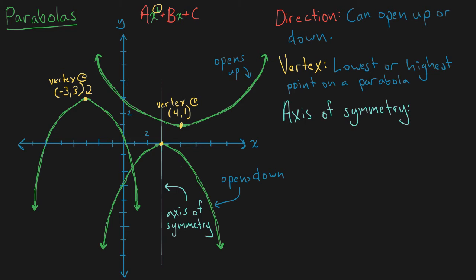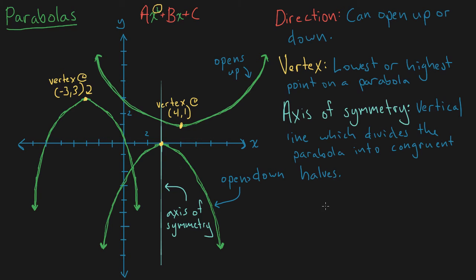So, a definition here: the axis of symmetry is the vertical line which divides the parabola into congruent halves. Congruent halves would just mean that they're mirror images of one another.